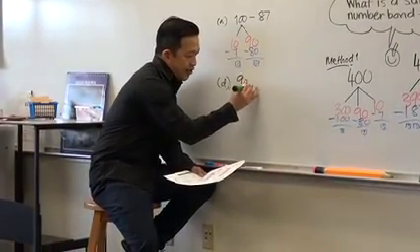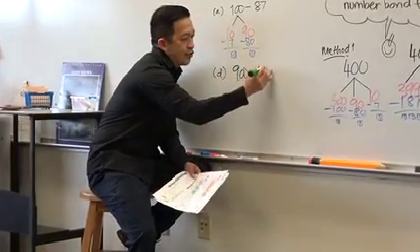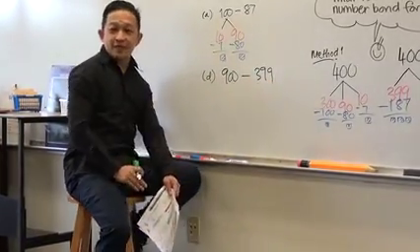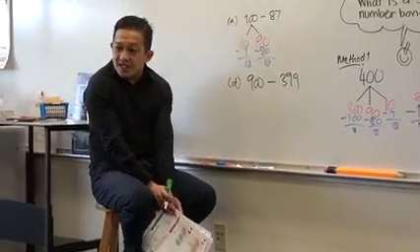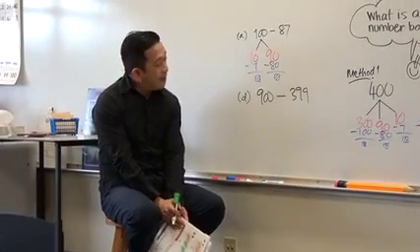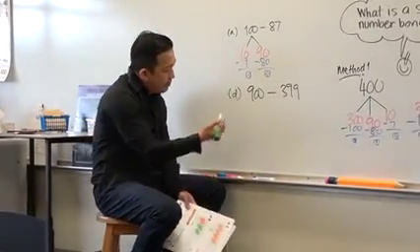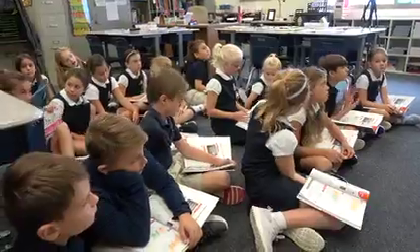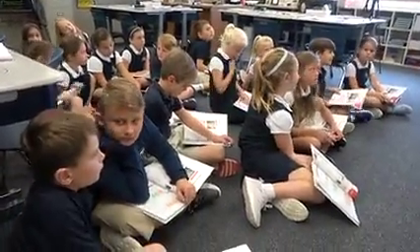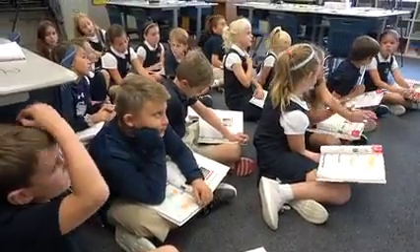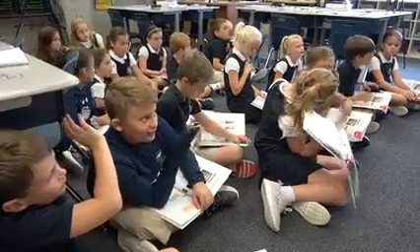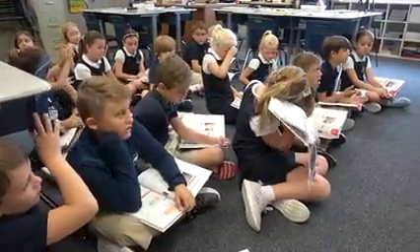If I have 900 and I need to remove 399, what might be a good number bond for this? Tell people around you what might be a good number bond for this. Maybe 900 minus 300.